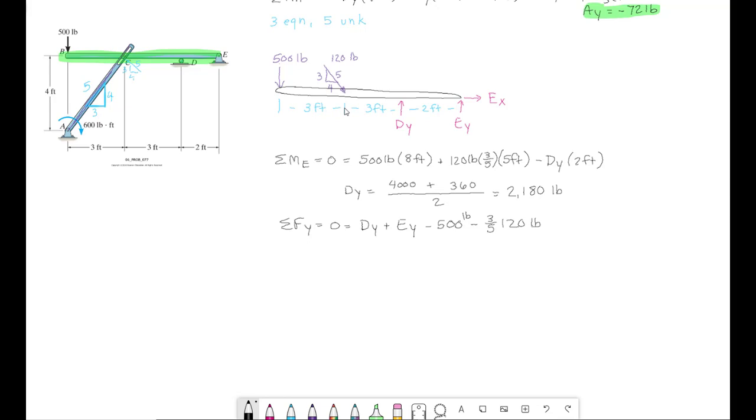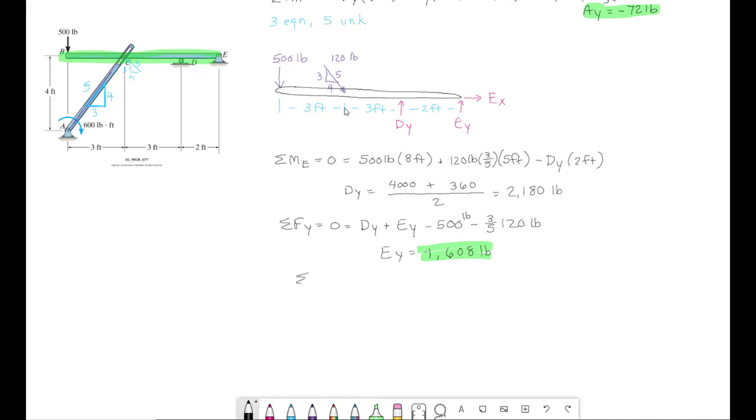Let's add some pounds in there. And EY equals, the DY is going to come over to the other side as negative, so we're going to have minus 2180 plus 500 plus 72, get negative 1,608 pounds for EY.